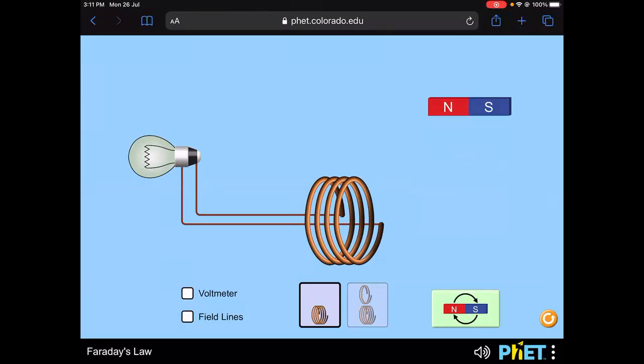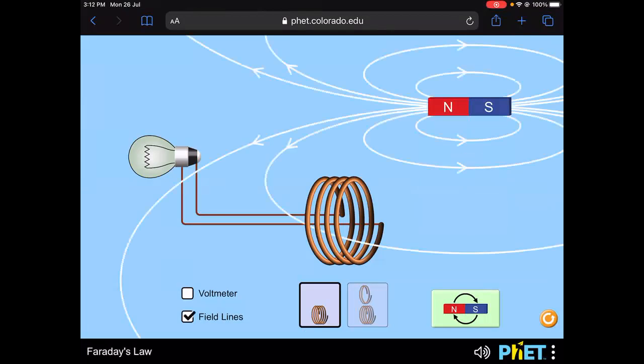This magnet will have a region of field lines around it. Are you guys able to understand? So it has a region of field lines, and if you look at the number of field lines passing through the coil, how many field lines are actually passing? One, sir.